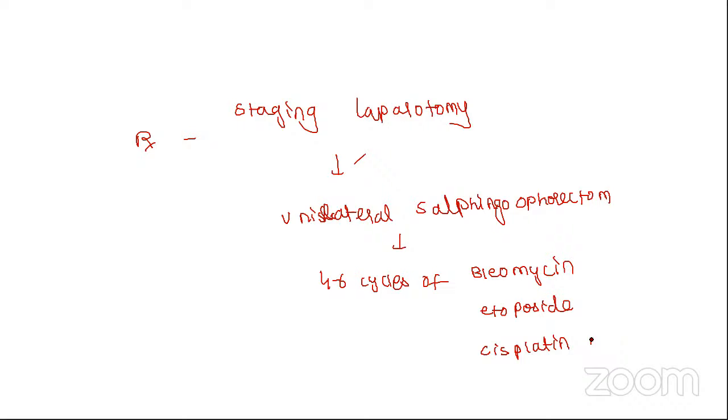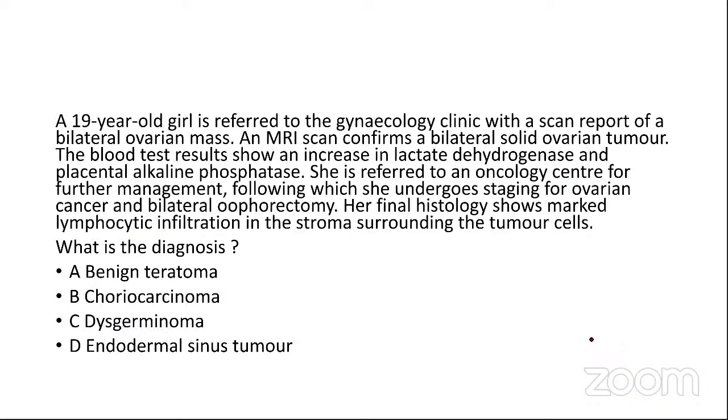I also have some questions pertaining to the germ cell ovarian tumors now. So these questions, all of you should answer fatafat and correct, okay? A 19-year-old girl is referred to the gynecology clinic with a scan report of bilateral ovarian mass. An MRI scan confirms a bilateral solid ovarian tumor. The blood test results show an increase in the lactate dehydrogenase and placental alkaline phosphatase.